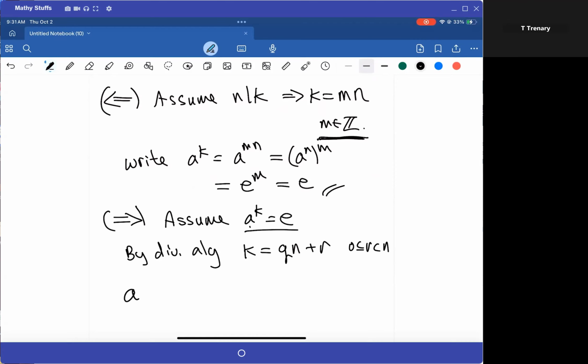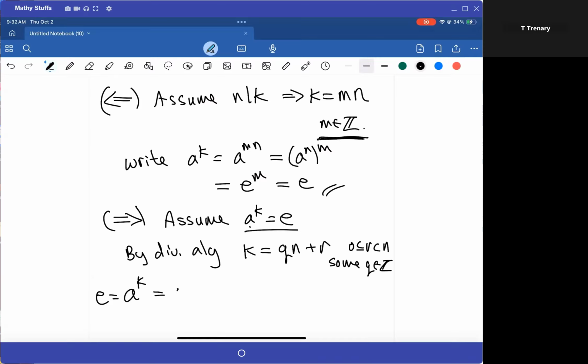So now I have A to the K, which is E. I'm just going to put that E over there. So E is equal to A to the K, but K is Qn plus R, and this is for some integer Q as well.